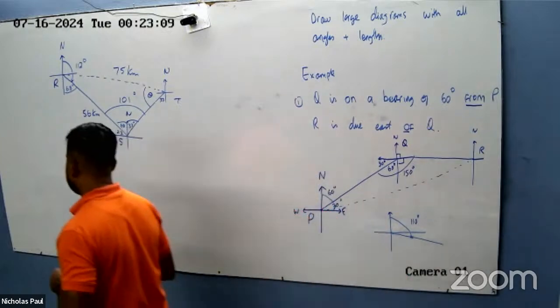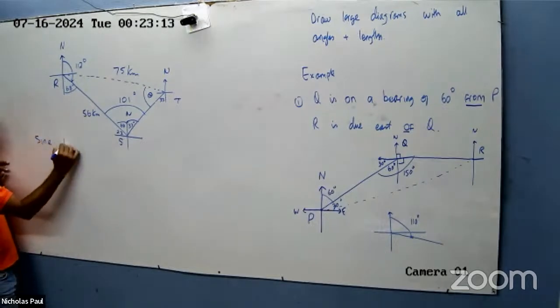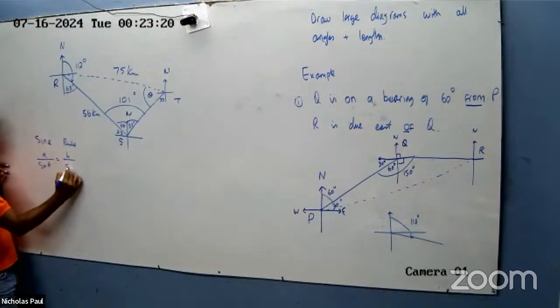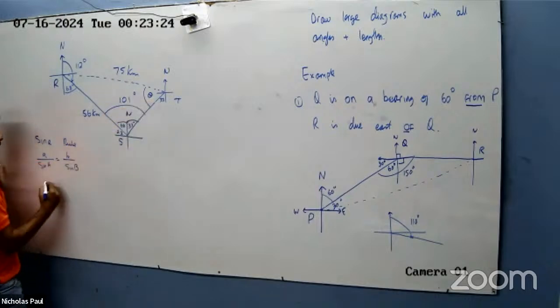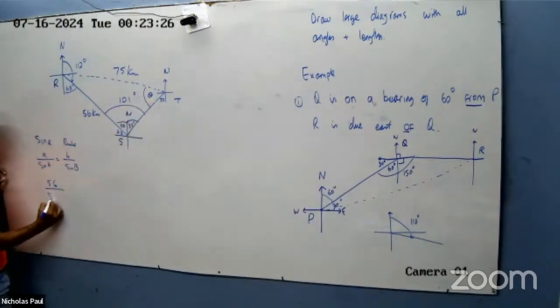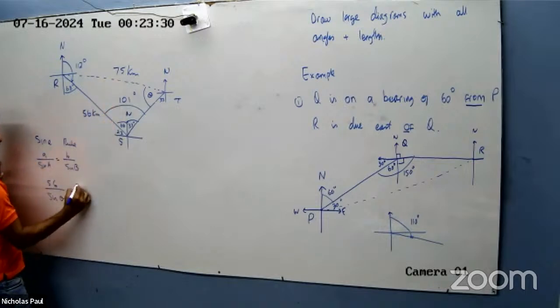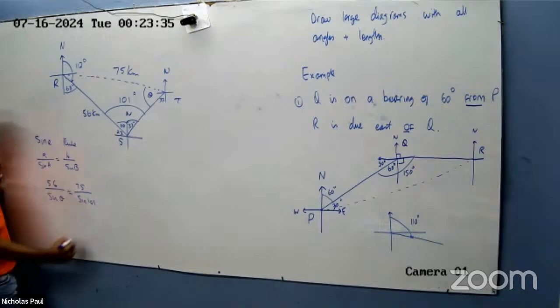Right, so find theta. You're going to use the sine rule. A over sine A is equal to B over sine B. Right, so we're using length, opposite angle. So that's 56 over sine theta is equal to length over opposite angle, 75 over sine 101.